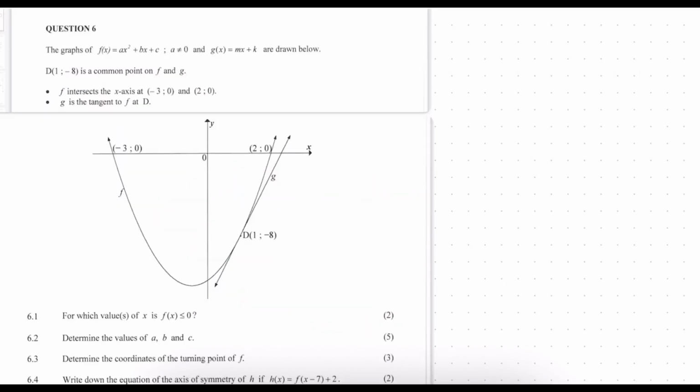The graphs f of x equals ax squared plus bx plus c, where a is not equal to 0. Why are they specifying that a is not 0? They're trying to tell you that your a can never be 0.